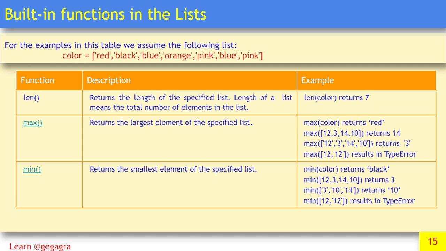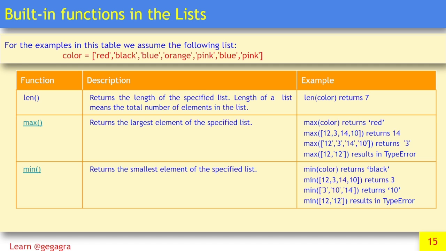And when I talk about a list whose elements are in string form, though these are numbers, they are in the form of strings because they are enclosed in single quotes: '12', '3', '14', '10'. There are 4 elements. But when you find max, it will compare the values on the basis of Unicode.